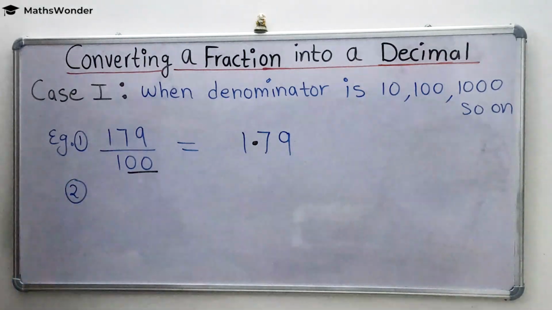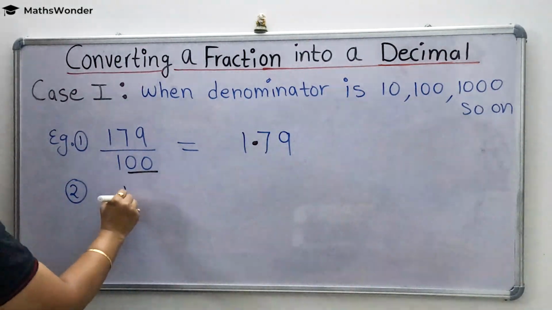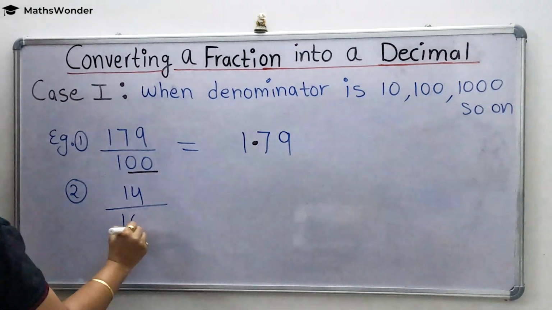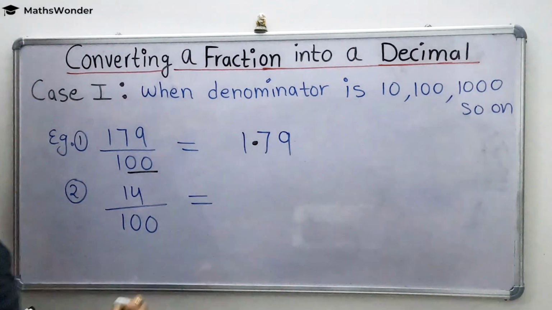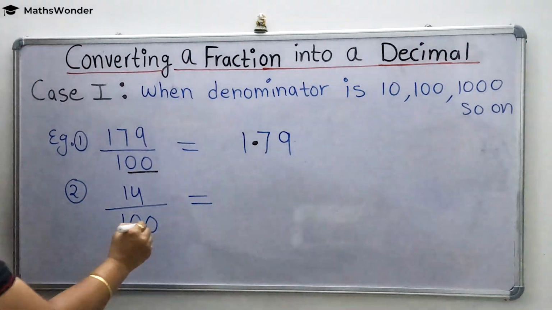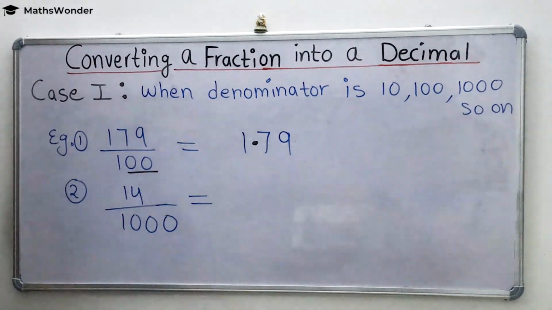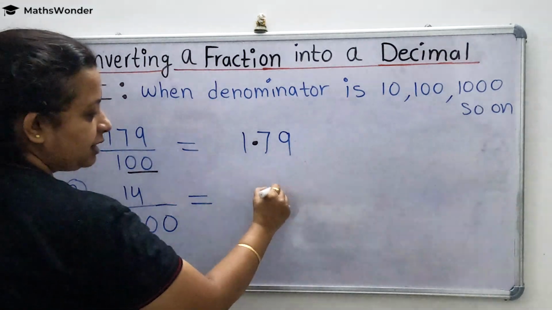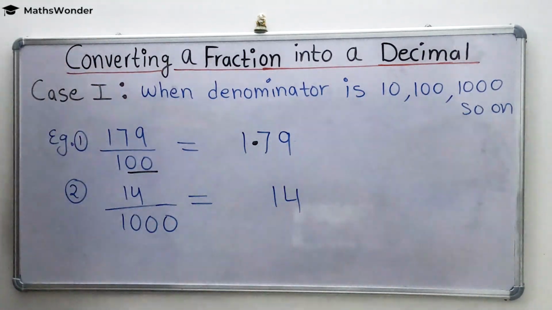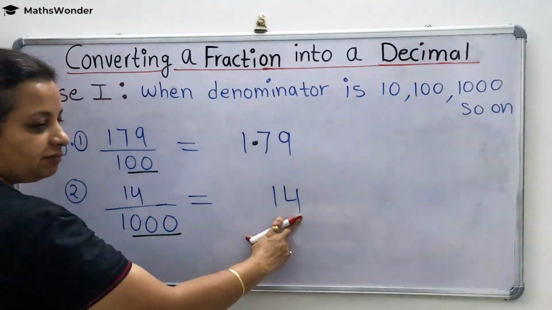Example number 2 is 14 over 1000, okay. Whatever numerator is given, you will write it first. Just copy it. Now check how many zeros we have. Here are 3 zeros. Start from the extreme right: 1 and 2.